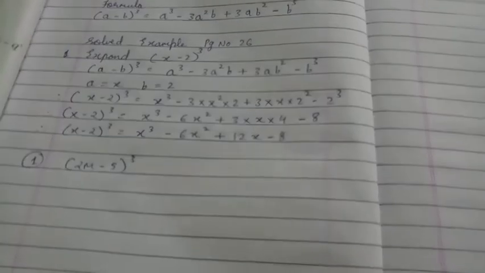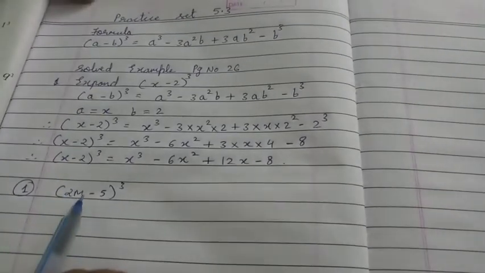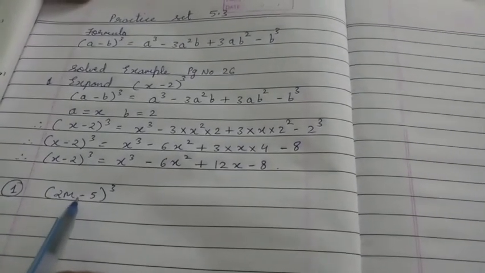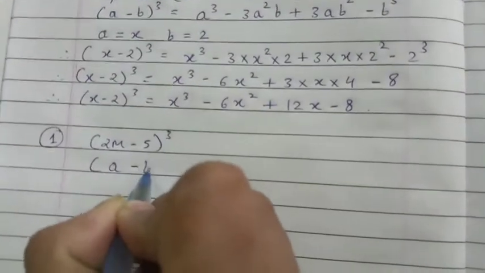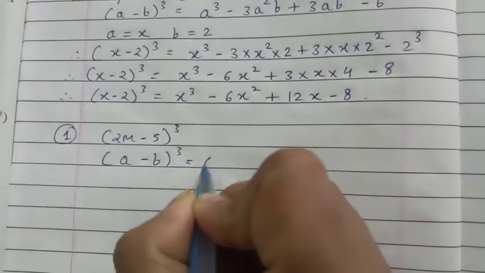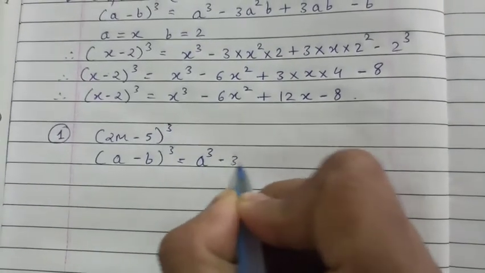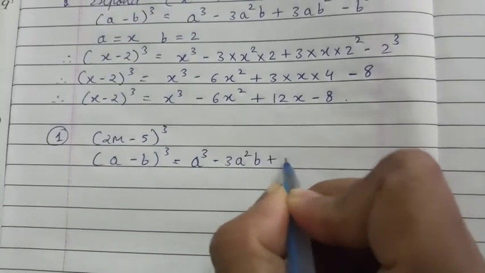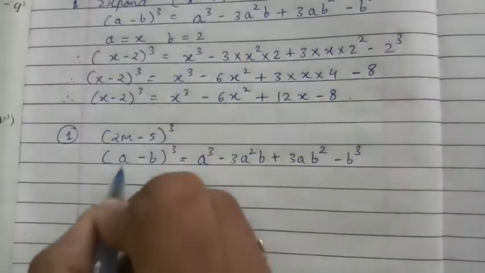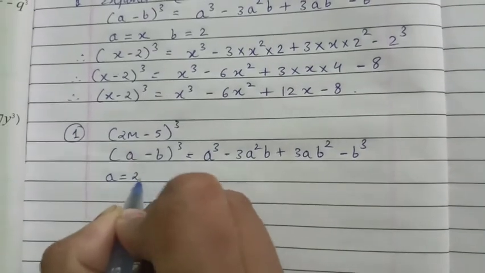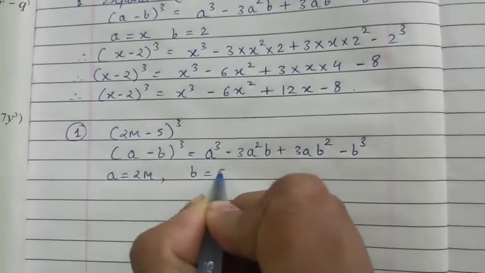Now we will solve the first example of practice 5.3, that is (2m − 5) whole cube. It is similar to (a − b) whole cube, so apply the formula: a cube minus 3a square b plus 3ab square minus b cube. Now compare the values. a equals 2m and b equals 5.